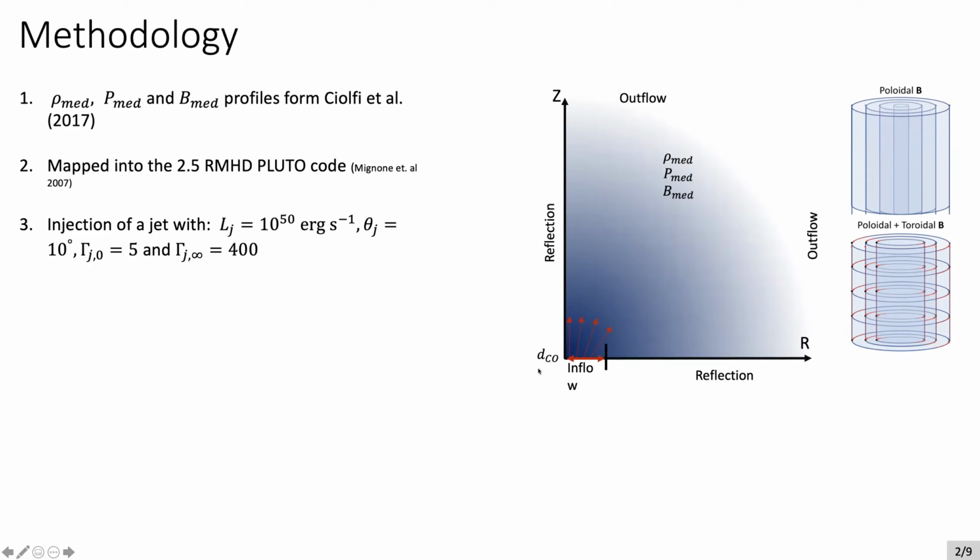This distance is 200 kilometers, because we are not doing GR simulations, so we are only taking into account special relativity. We also have two different distributions of magnetic field, one that is only poloidal and one that has two components, poloidal plus toroidal magnetic field.